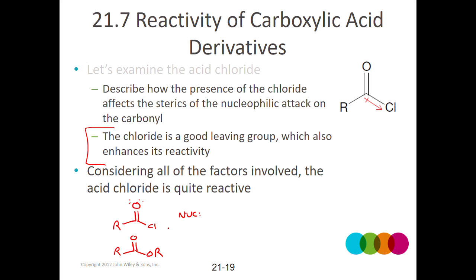When they swing back down, it's going to push out the leaving group. If we're just looking at thermodynamics, we're really only interested in the reactants versus the products rather than the pathway that occurs. The product will involve the nucleophile there, and the chloride would become the leaving group. Same thing here.